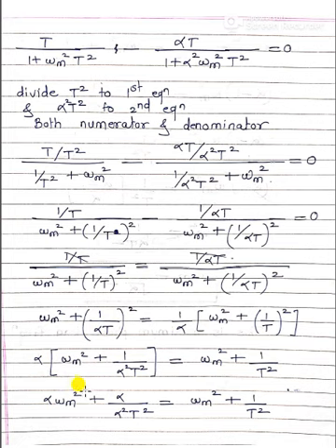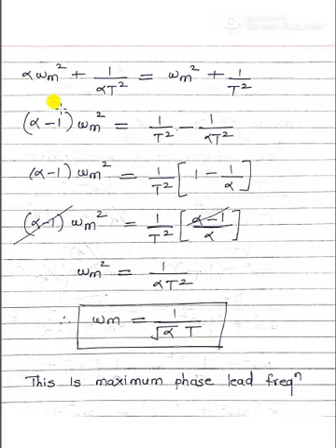Multiplying alpha inside the bracket, alpha omega m square plus alpha upon alpha square T square is equal to omega m square plus 1 upon T square. So alpha omega m square plus 1 upon alpha T square is equal to omega m square plus 1 upon T square.